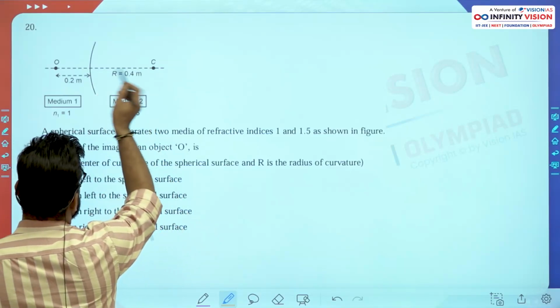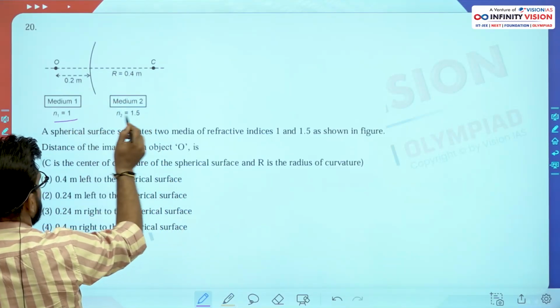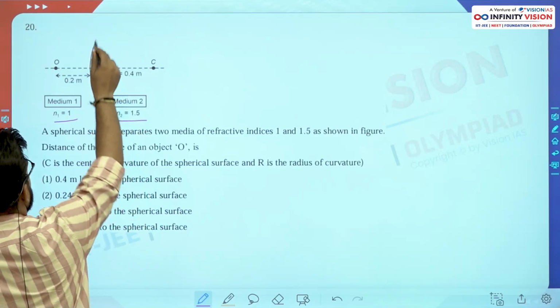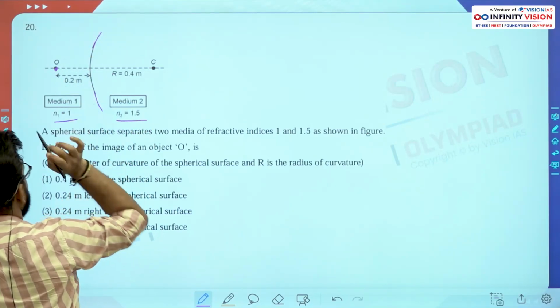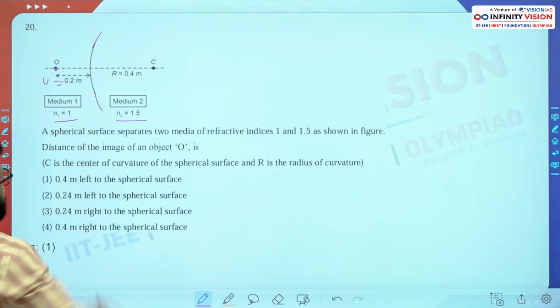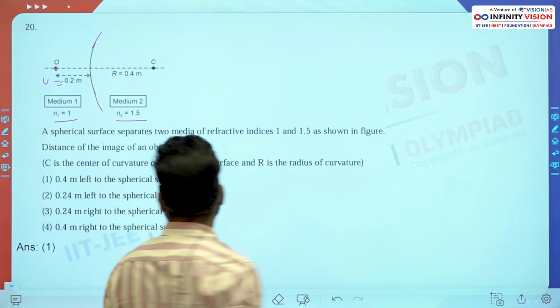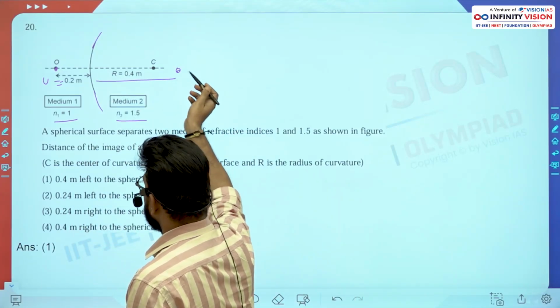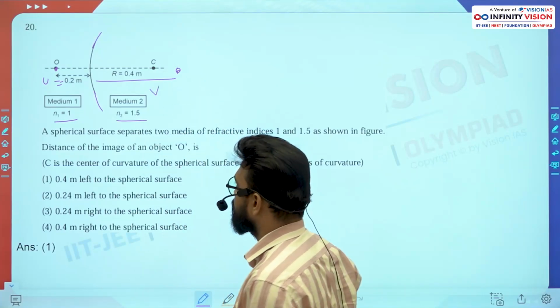So n1 is 1 and n2 is 1.5. An object is placed at a distance of 0.2 meter, so u is minus 0.2 meter. The image would be formed somewhere in the next medium, and that's this v that you need to calculate.